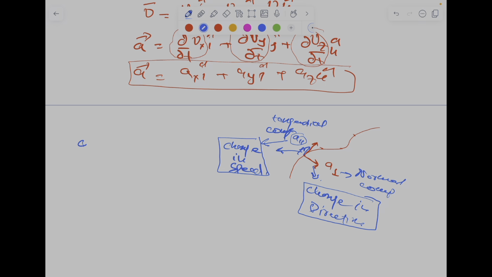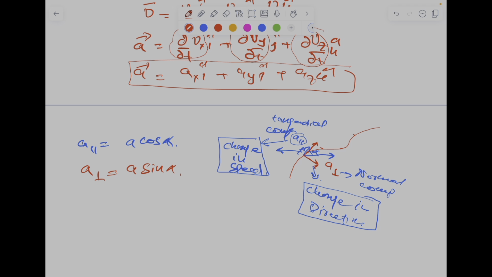So we have the parallel component, which is a cos alpha, where this is your acceleration vector and this is your angle alpha. The perpendicular component is a sin alpha.